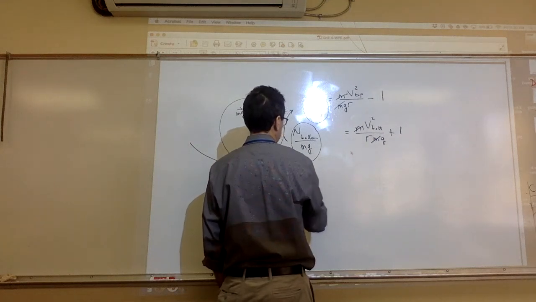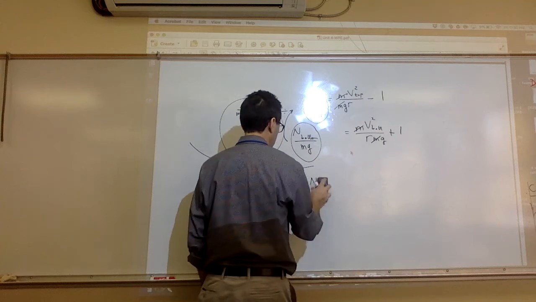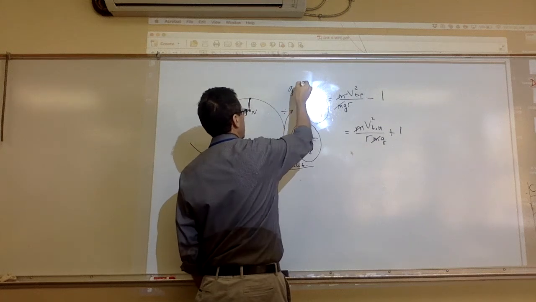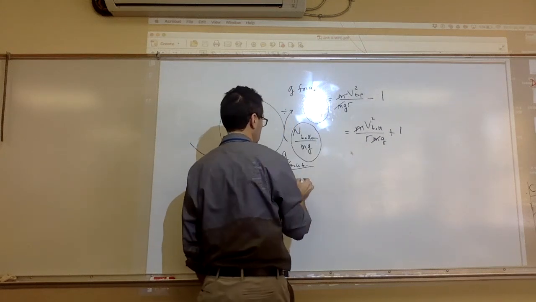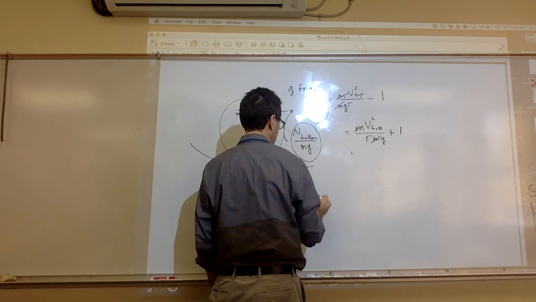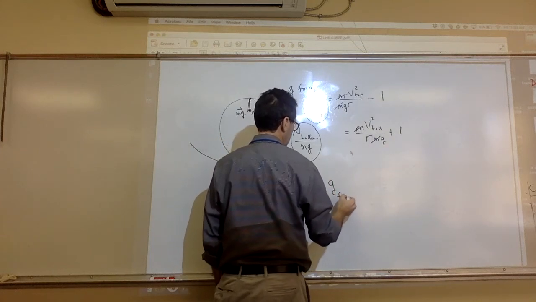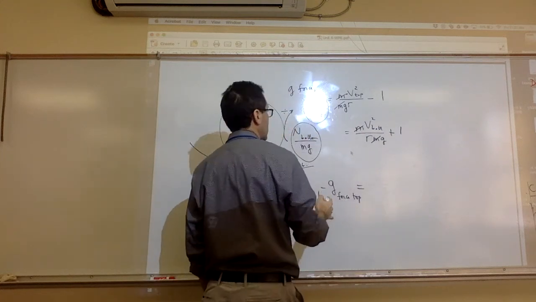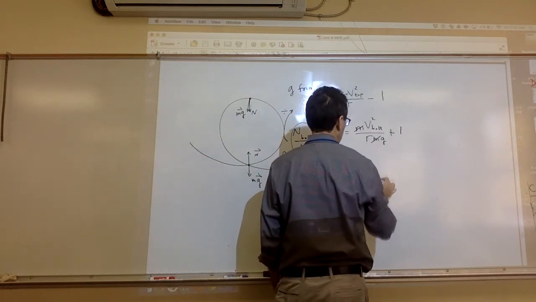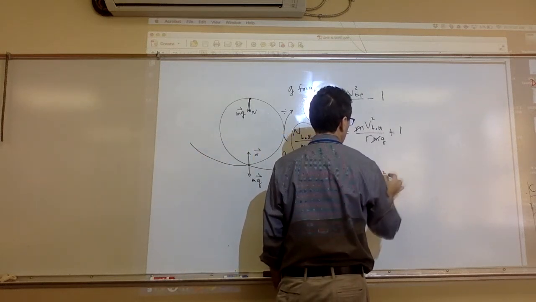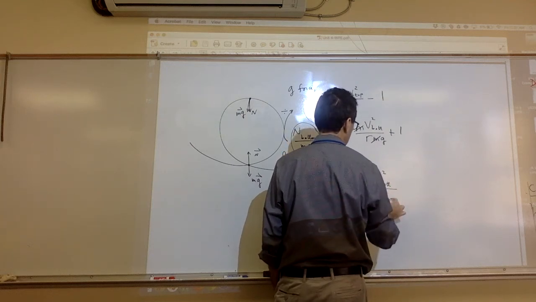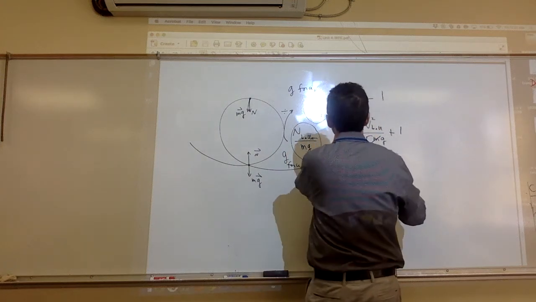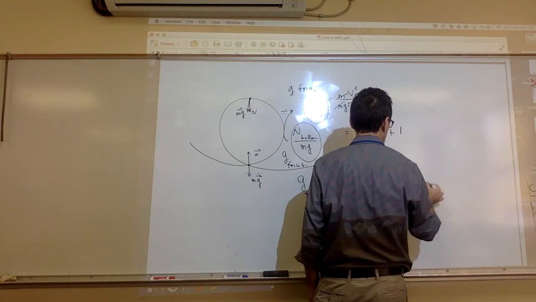So g force bottom minus g force top equals v bottom squared over rg minus v top squared over rg.